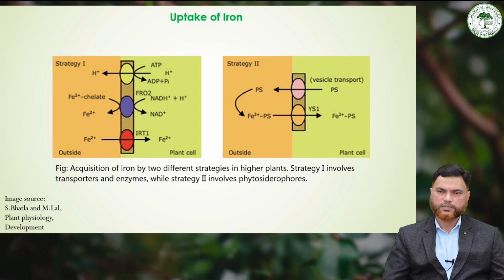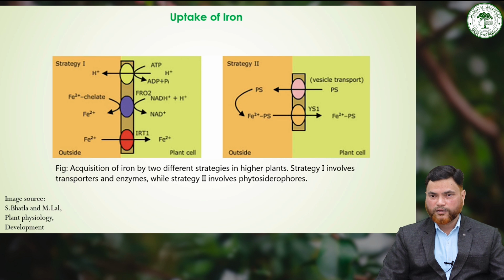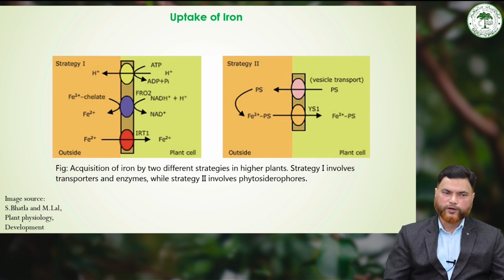So, this strategy involves the acidification of soil, reducing the pH from 8 to 4, which increases the concentration of ferric ion from 10 to the power minus 20 to 10 to the power minus 9. Then root plasma membrane bound proton ATPase, that is shown in the figure, facilitates this reduction in the pH.